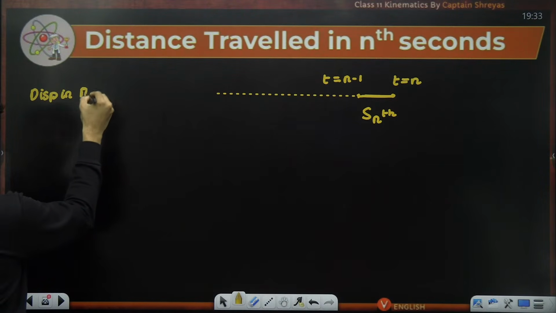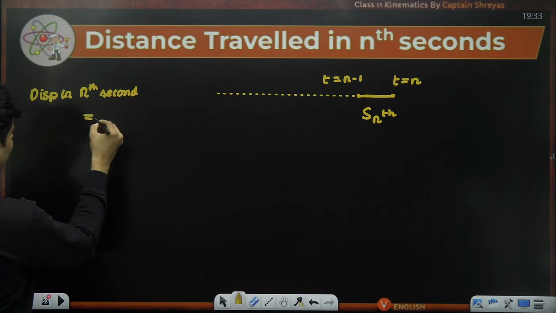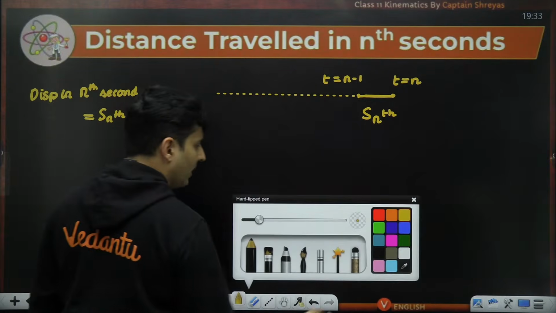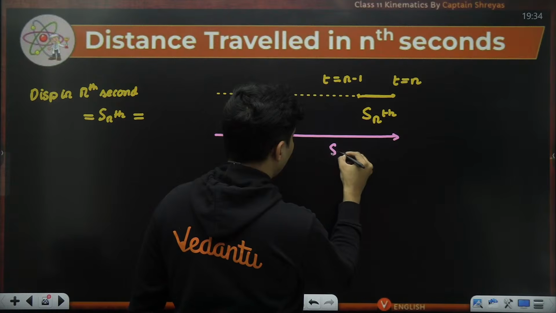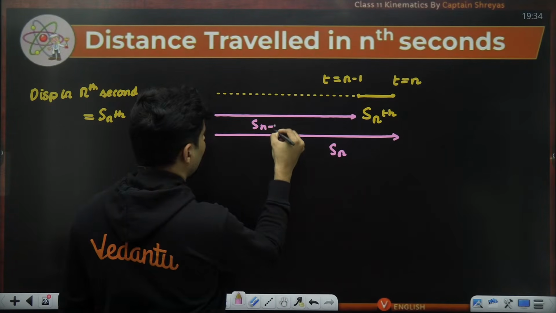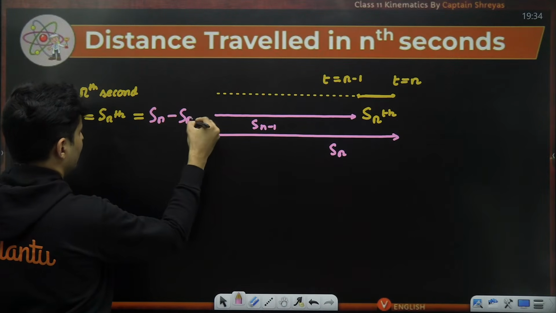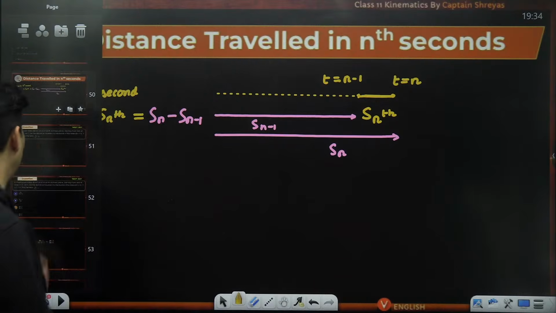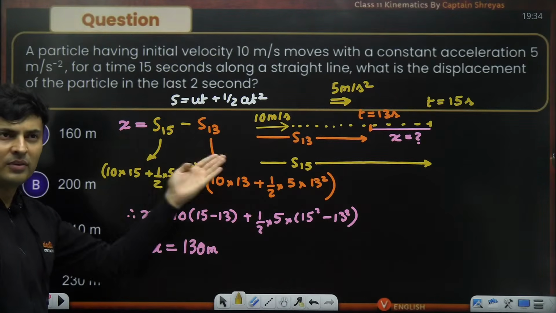So displacement in the nth second is given by the symbol Snth, which is nothing but you take the total displacement in n seconds, you take the total displacement in n minus 1 seconds. From this, you take out that. So it is Sn minus 1. When you substitute, just like the previous problem, what we just did over here, S15 minus S13.